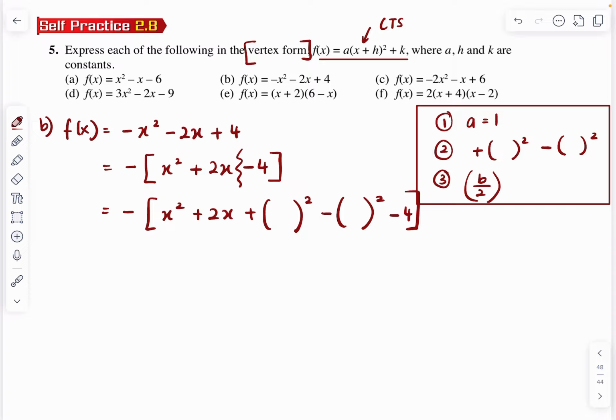Okay, the inside the bracket will be b over 2. So our b is 2. So b over 2 will be 2 over 2. Okay, then we continue. So once we get here, this one and this one will come together. So it becomes x plus 2 divided by 2 is 1. So x plus 1 square.